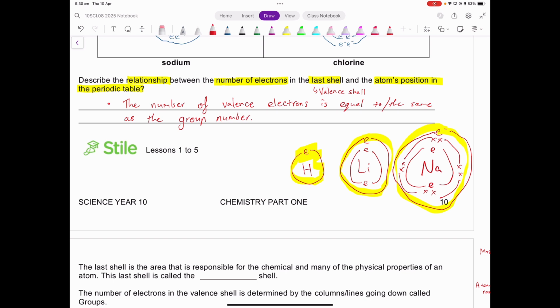Now there's one exception, okay? In all of our first 20 elements, there is one exception. Can you find an element that has a different number of valence electrons to its group number? It's on the right-hand side of the periodic table. There's one element.